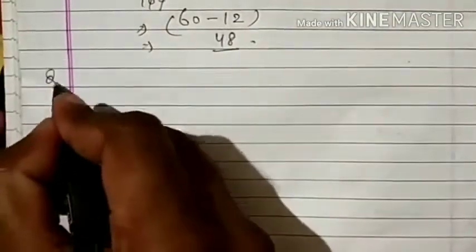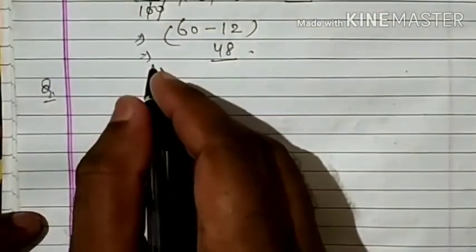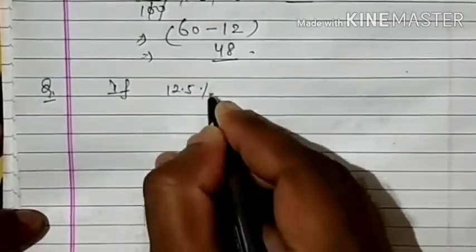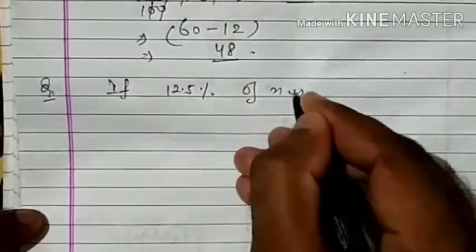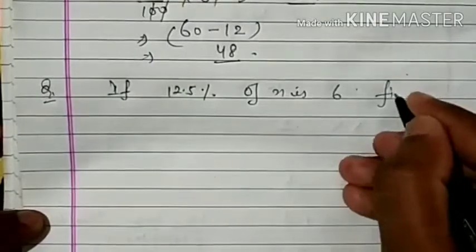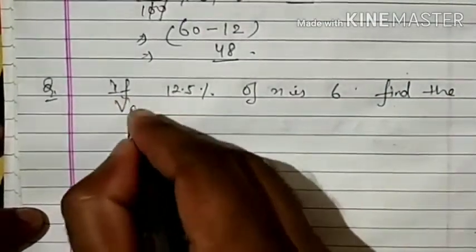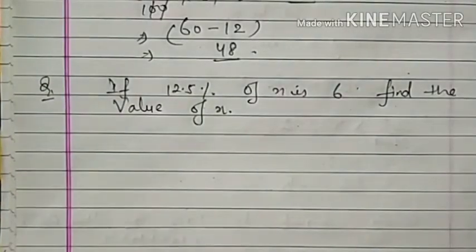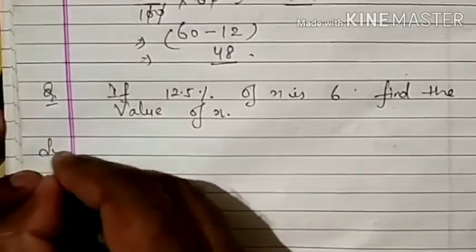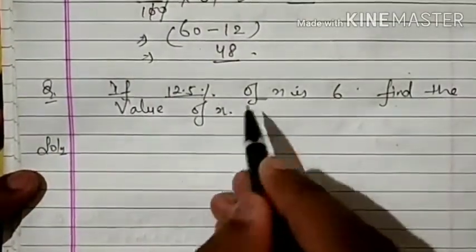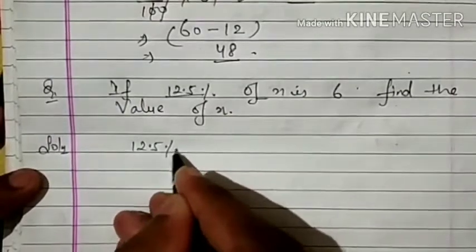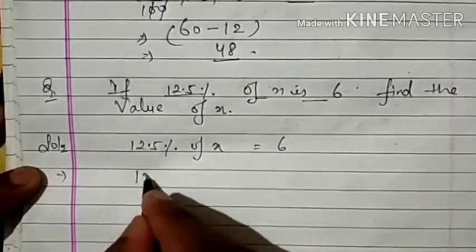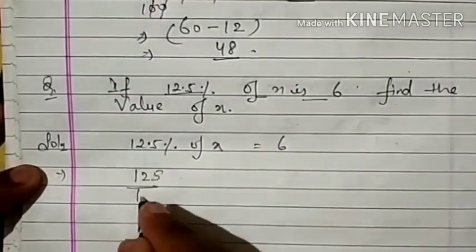The question is, if 12.5% of x is 6, find the value of x. So 12.5% of x is 6. 12.5 means 125 by 10, first of all we remove the decimal.